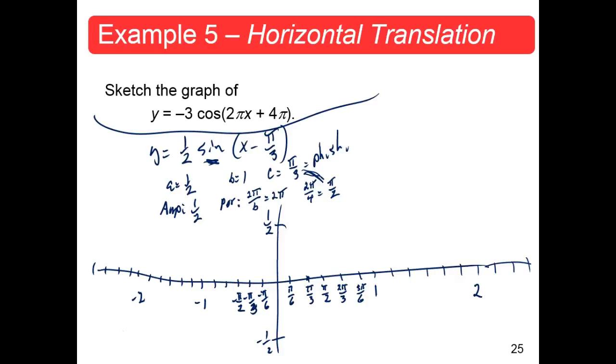Now we have to do another timeout, okay? Our tick marks are the pi/2. In sixths, that's 3/6 pi, right?